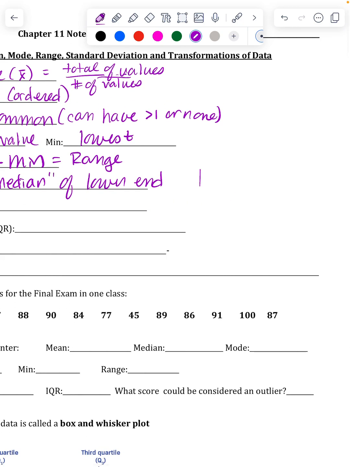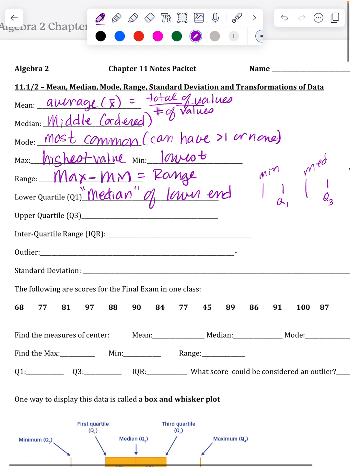So if you have your minimum and then you have your maximum, and smack dab in the middle you have your median, halfway to the halfway you'll have Q1, so it's the middle of the lower half, and then the upper quartile, or Q3, is the median or middle of the upper half.